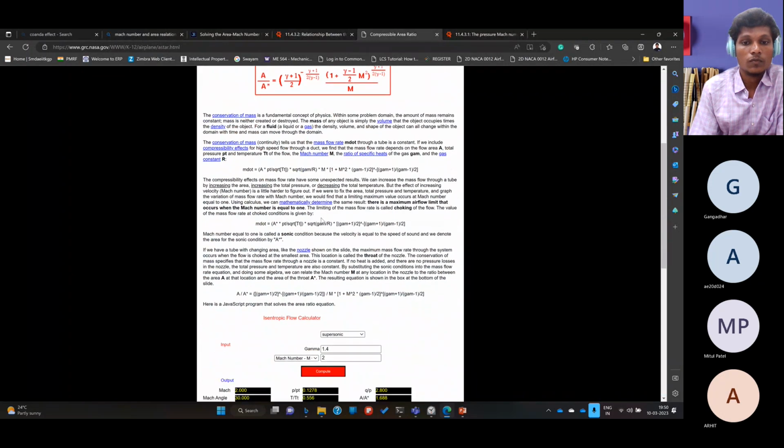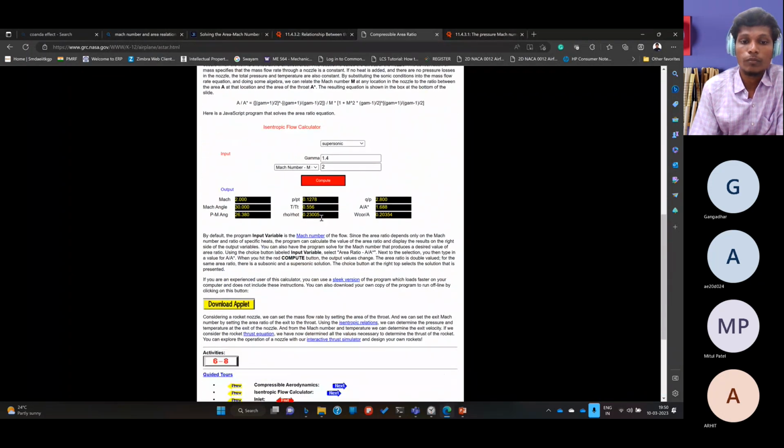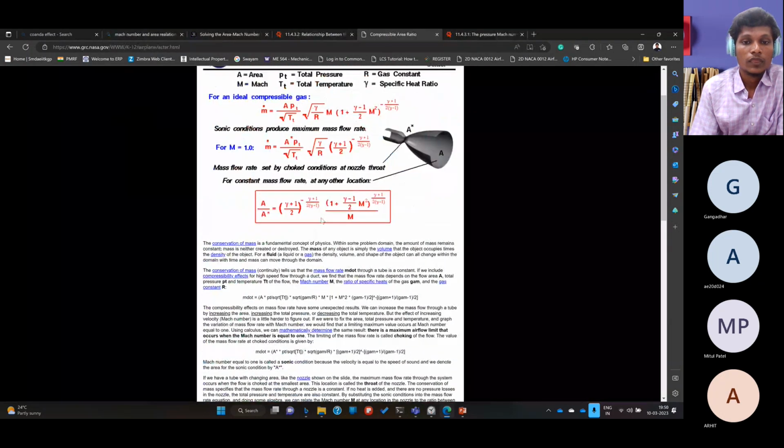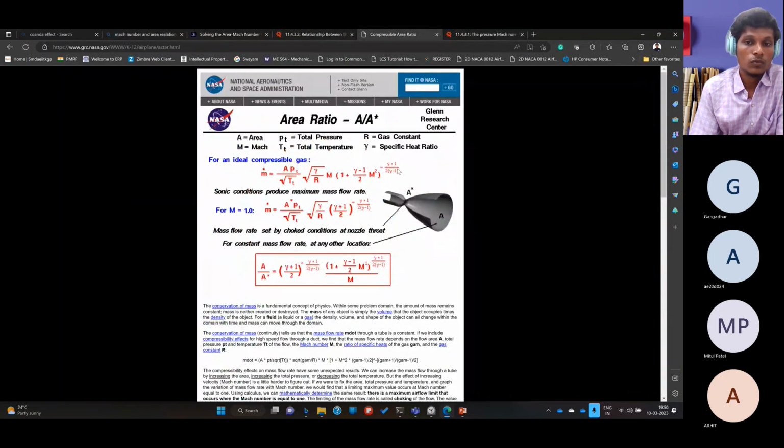Just give me a minute. I'm finding the correct equation. So by looking at that equation itself, you can clarify your doubts. Those are the details included in it.